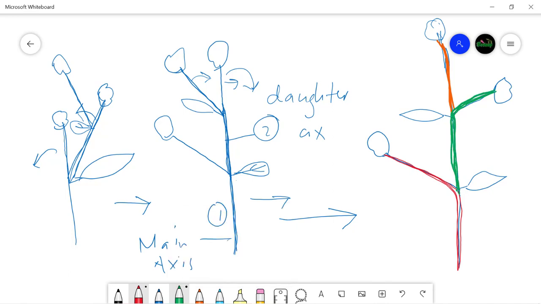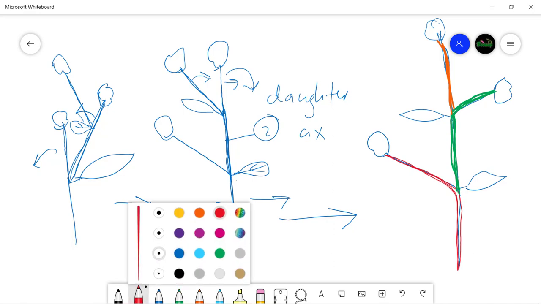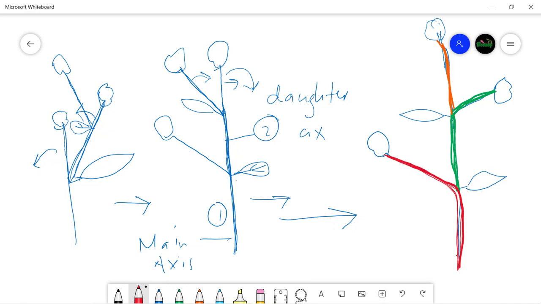So as you can see, the actual position. So this was the main axis. When this particular second axis straightened out itself, the main axis was bent towards the left. And similarly, when this third axis tries to get itself straight, the tip of this particular axis bends towards the right.